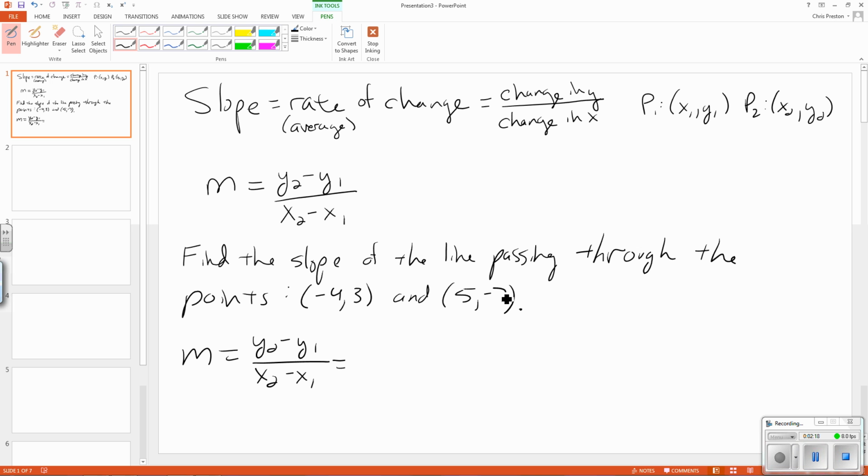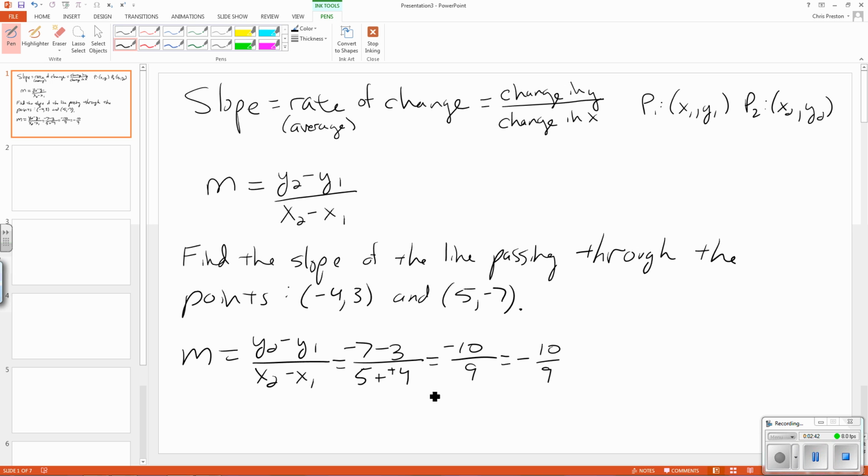So y2, -7 minus y1, 3, over x2 minus x1. So -7 minus 3 makes -10, over 5 minus -4, which is the same as 5 plus 4, so 9. So -10/9.